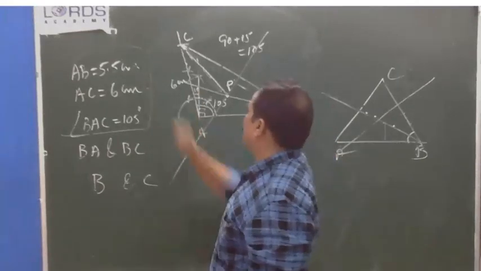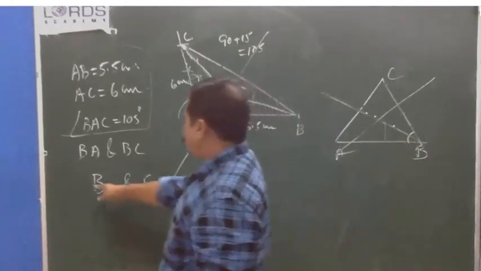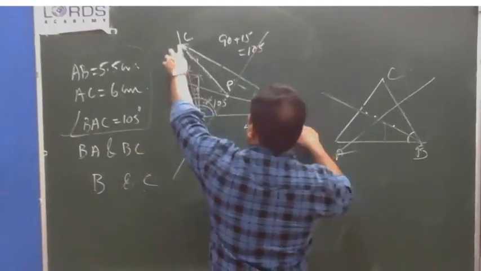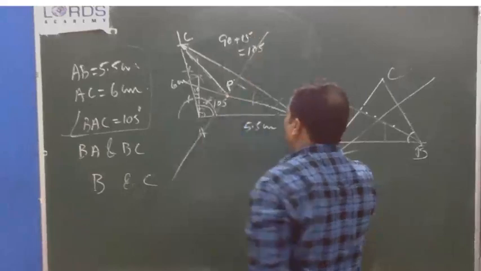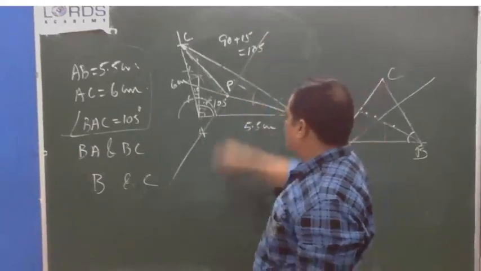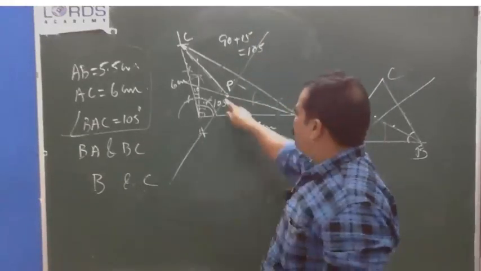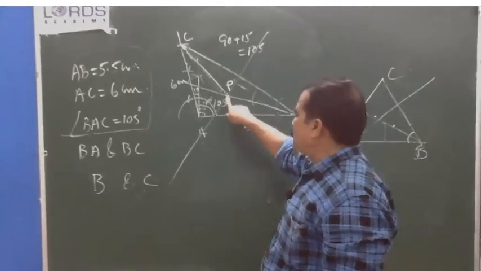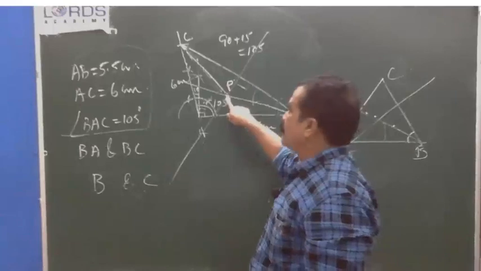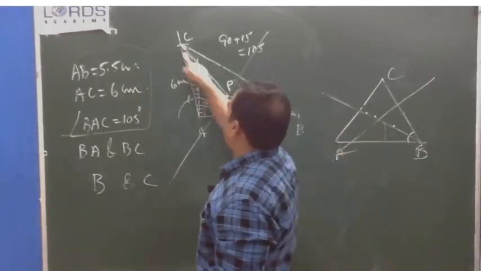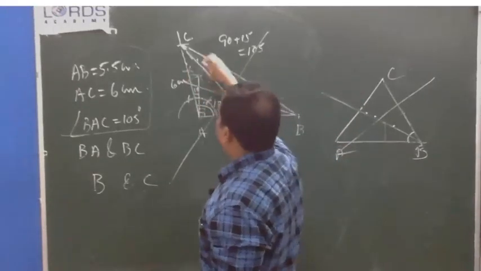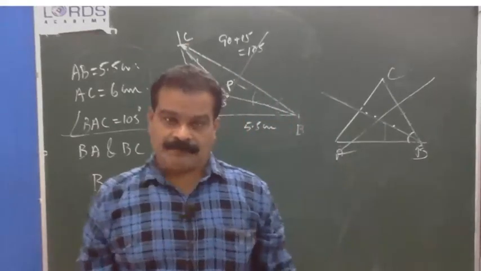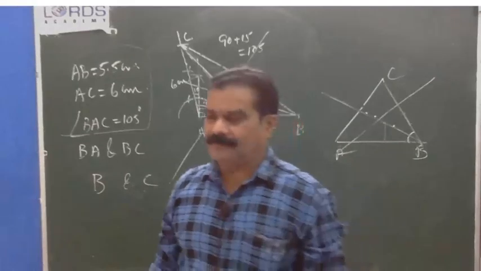You draw that, and the locus of points equidistant from B and C means you draw the perpendicular bisector of side BC. The intersecting point of both loci, you put it as P, and join with C, that will be PC. Find out the length of PC and give me the answer.